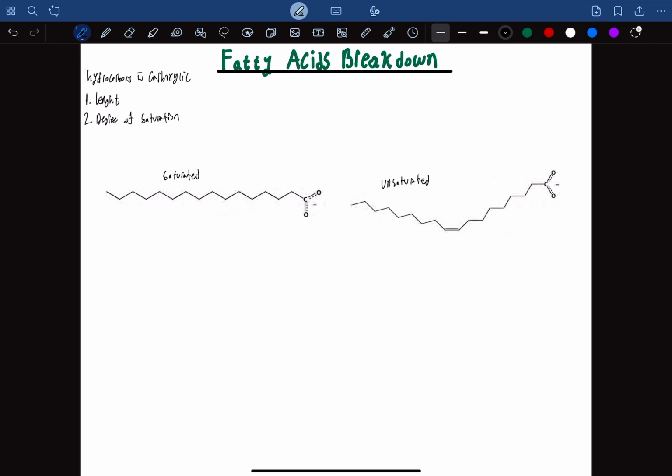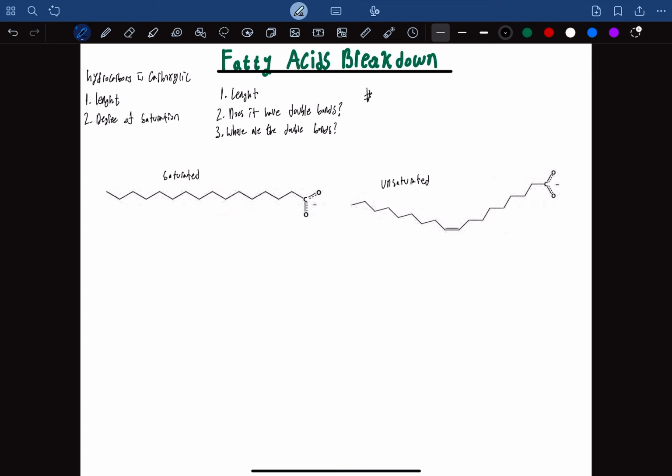The 3 things that affect this nomenclature are its length, whether it has double bonds, and lastly, if so, where are the double bonds? So this is how it should look.